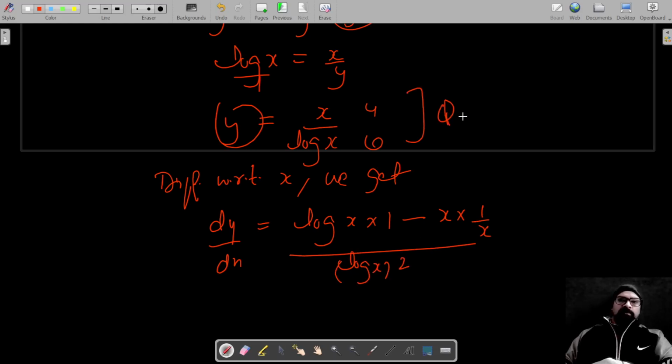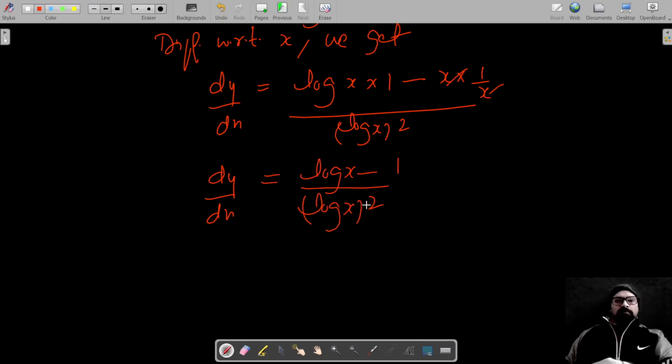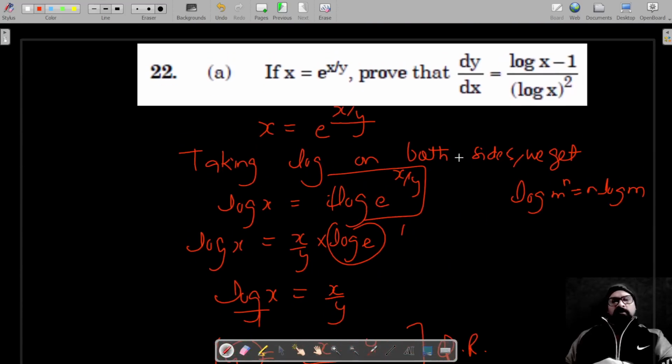So finally dy by dx is equal to log x minus 1 upon log x the whole square.